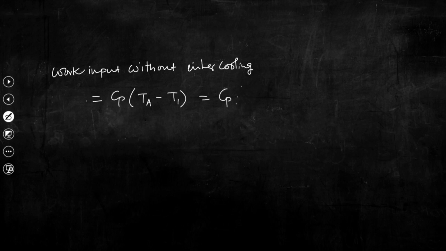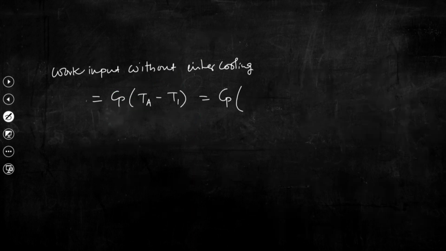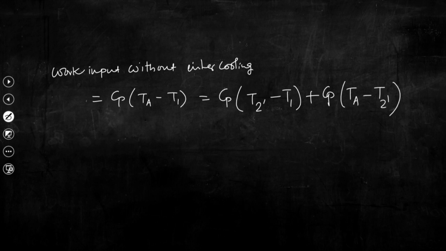We can split it. If we go back to this, Cp into Ta minus T1, now we can split it as Cp into T2 prime minus T1 plus Cp into Ta minus T2 prime, right, because we are just doing this algebraic manipulation here.